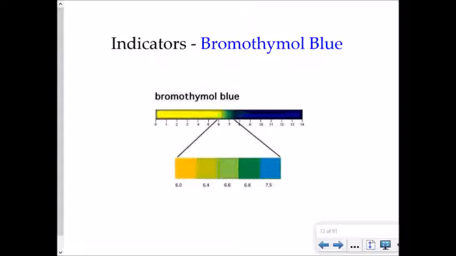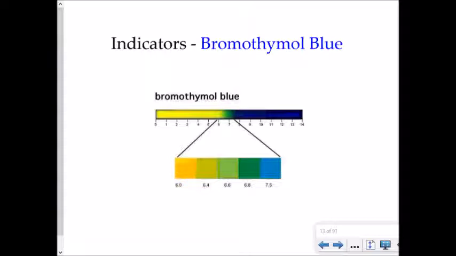Here's the bromothymol blue one that we used in the Ksp of calcium hydroxide lab, and you can see it turns green right around the 7 mark, and blue just slightly above 7. That one's a good indicator for ones that have equivalence points right around 7, the strong cases.